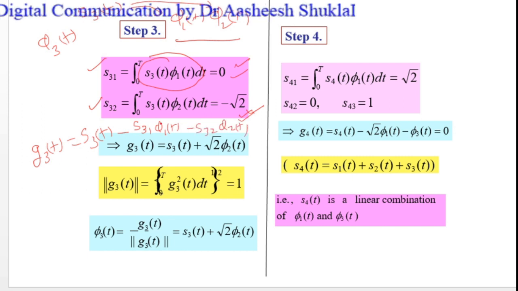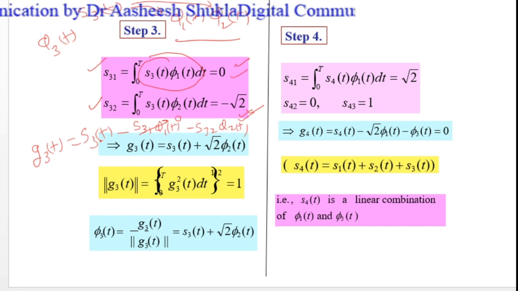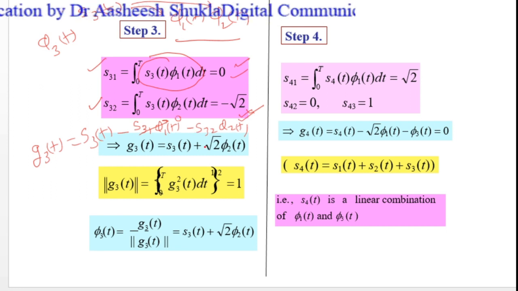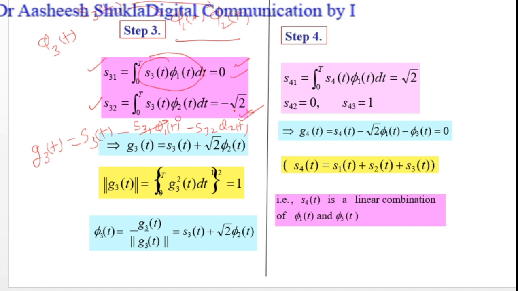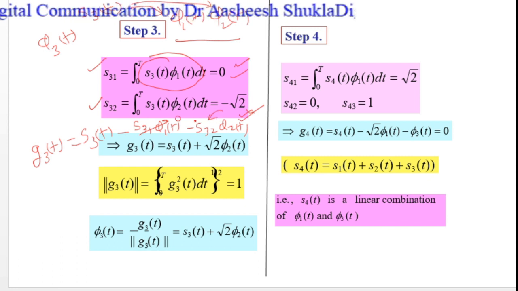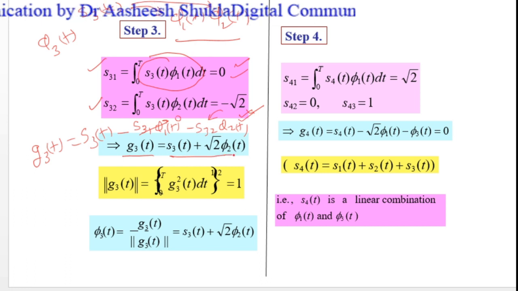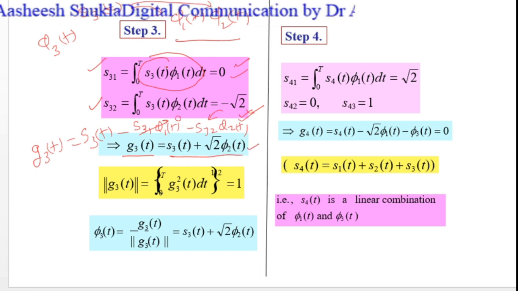Because S31 is 0, this factor will be 0. So here we will have S3t minus S32 phi 2t, and S32 is minus root 2. If you put the value of minus root 2 here, minus minus becomes plus. So G3t will be equal to S3t plus root 2 times phi 2t. This is your new vector G3t, which will be perpendicular to phi 1t as well as phi 2t.